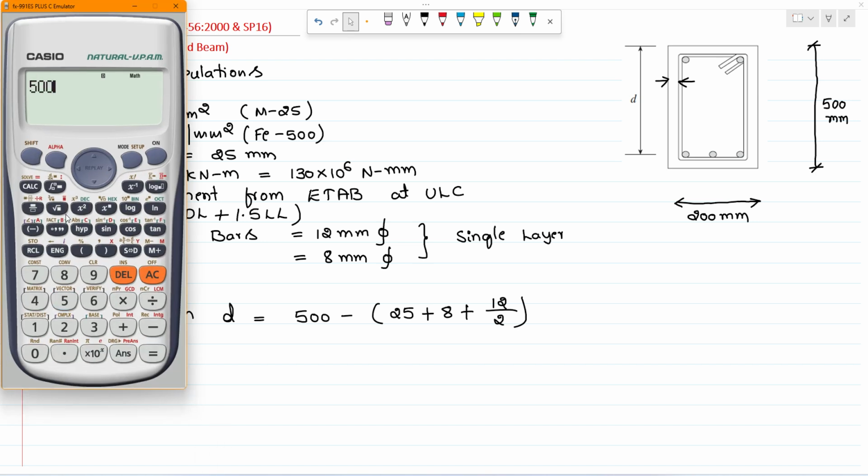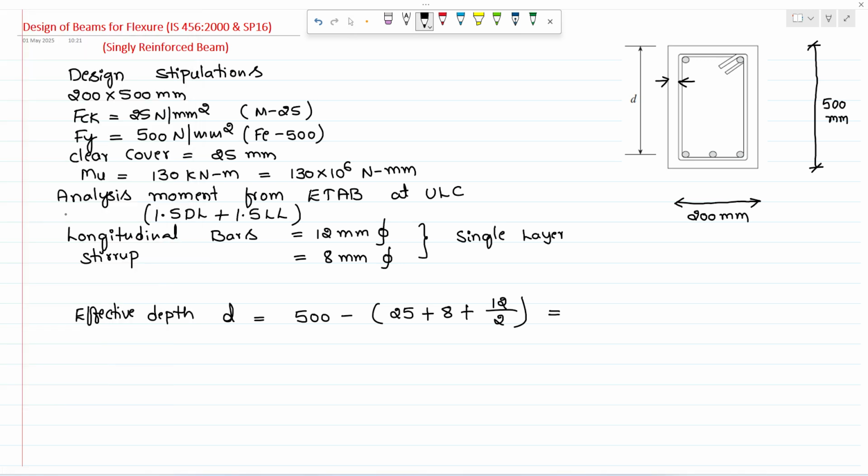So it is 500 minus 25 minus 8 minus 6, which gives 461 millimeter. So this effective depth is 461 millimeter.